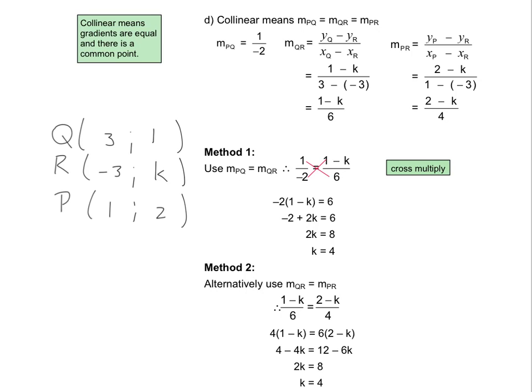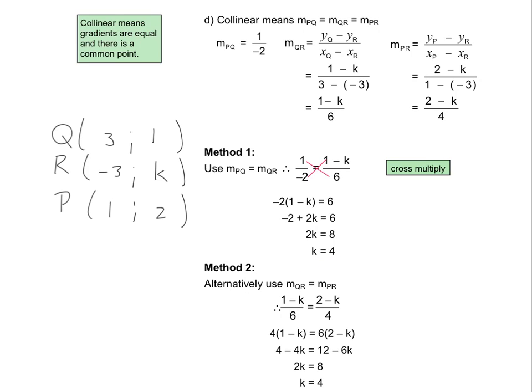If I simplify the bracket, minus 2 times 1 is minus 2, and minus 2 times minus k becomes a positive 2k. The minus 2 taken to the other side becomes a plus 2, so 6 plus 2 is 8. To get k alone, I divide by 2 on both sides. 2k divided by 2 is k, and 8 divided by 2 is 4. So the value of k is equal to 4.